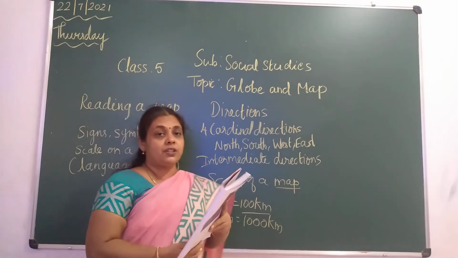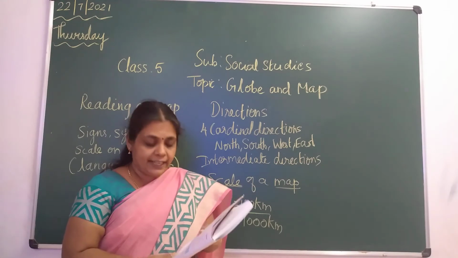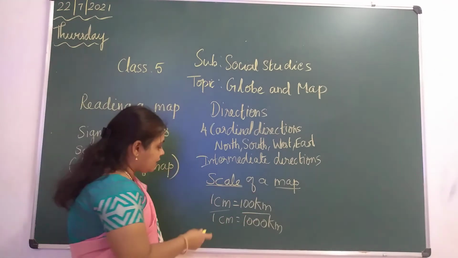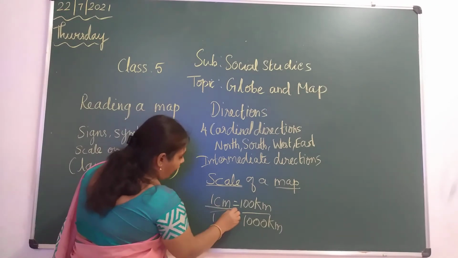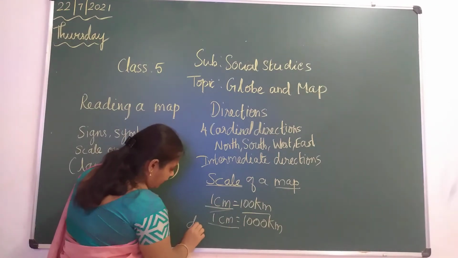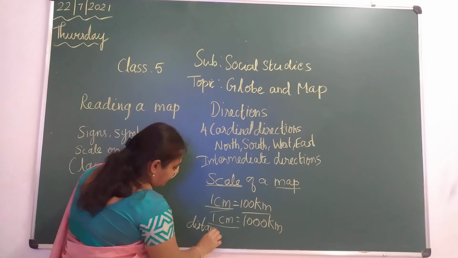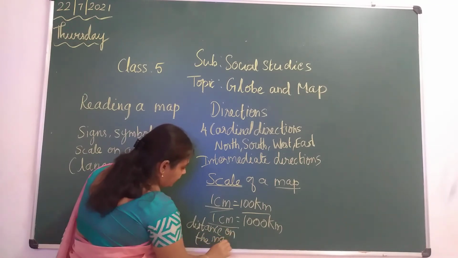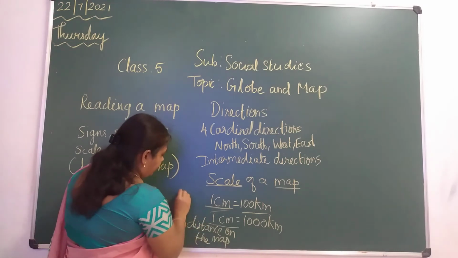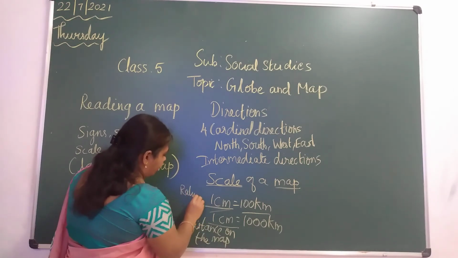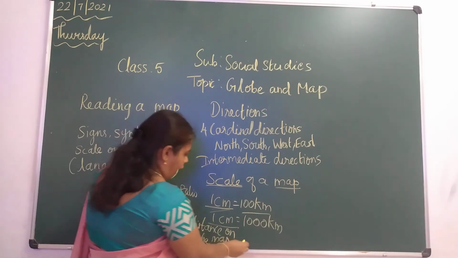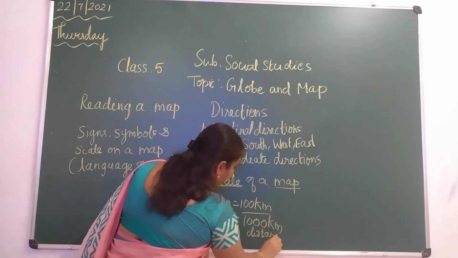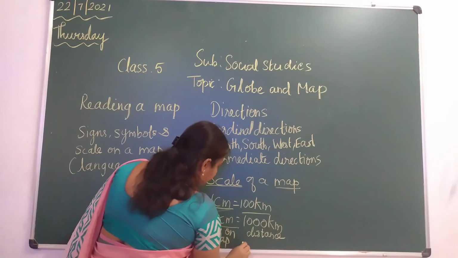The definition is also given. What is a scale? It is a ratio between the distance on the map, so this 1 centimeter, this is the distance on the map, and the actual distance, children.